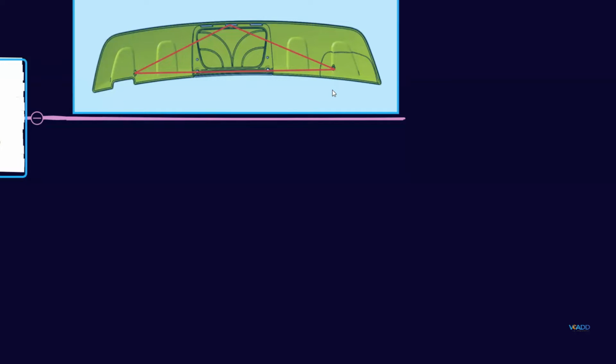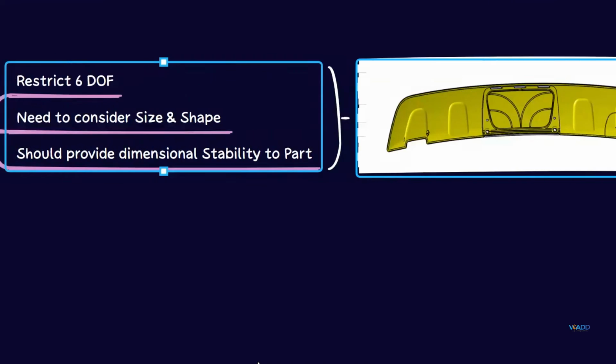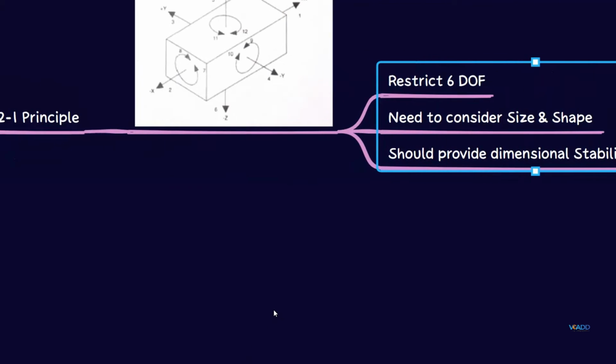Considering those things, your attachment should form a triangle so that it will get dimensional stability. If you attach the part from here, here and here, then it will get dimensional stability so that it will not move, right? So that is a basic thing that you can consider while deciding the locations of the attachment. So that is the first factor.